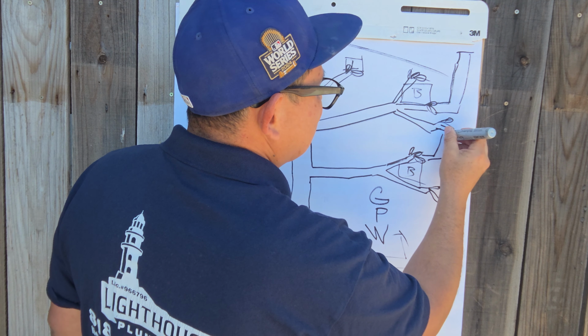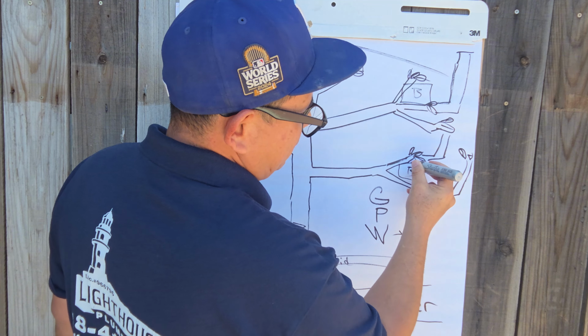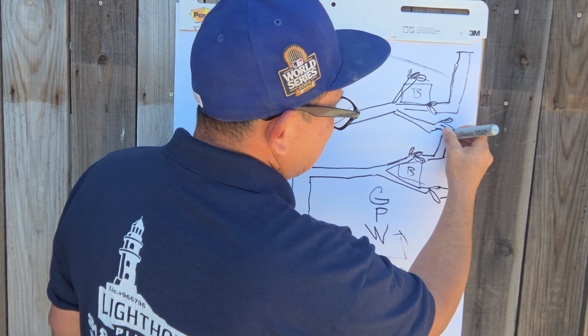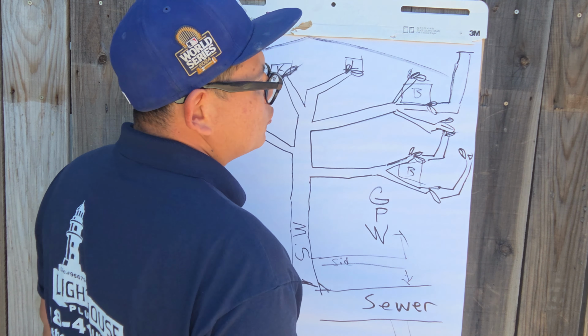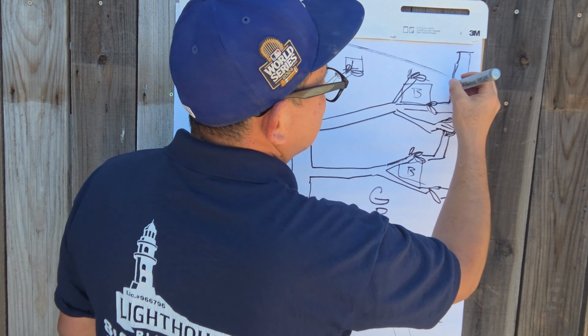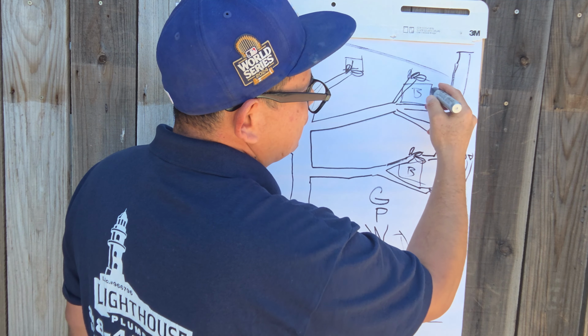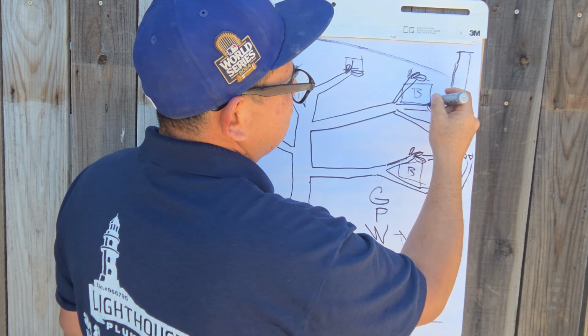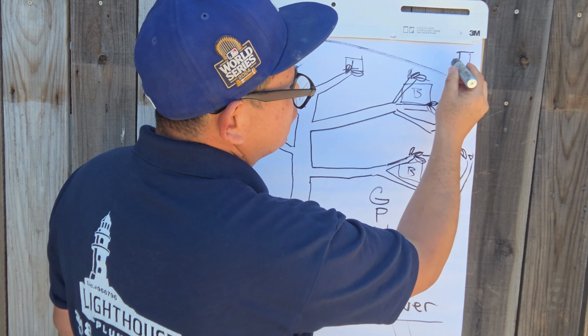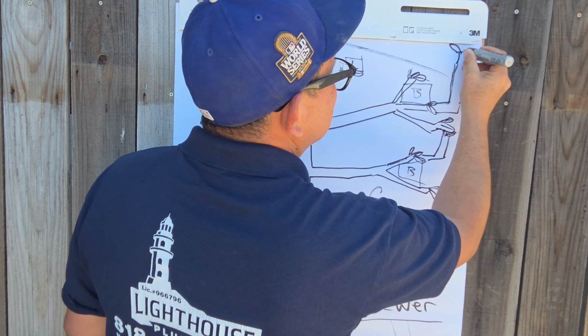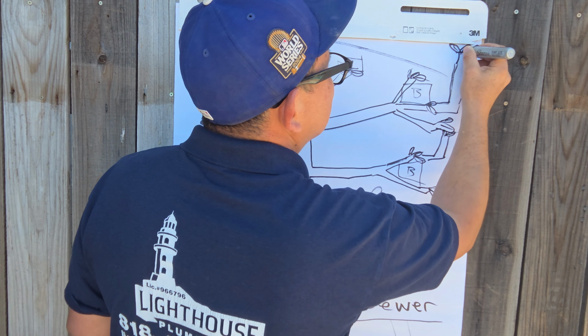Now this, because it's a toilet, needs to be at least 2 inches. Let me draw a leaf, two leaves, right? And this one, because your three pipes are connecting to just one vent, is gonna be 3 inches.